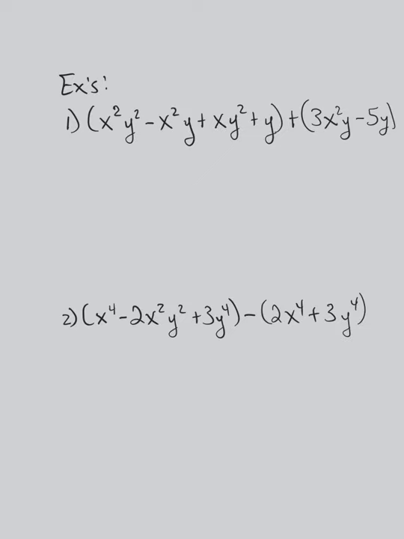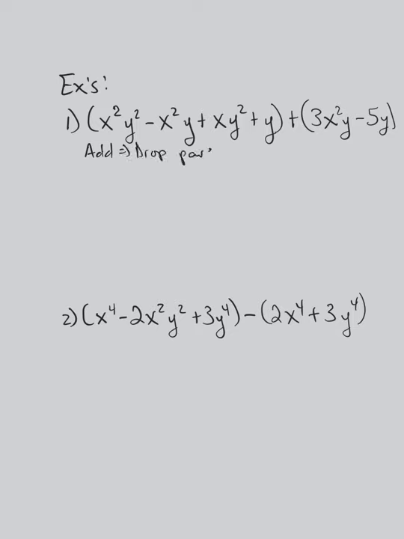So let's look at the idea of collecting like terms with an addition and subtraction problem. Here we have one polynomial and another polynomial. The key thing is to notice the operation that we're doing. We're just adding. Whenever you're adding, if you remember, you can just drop the parentheses.